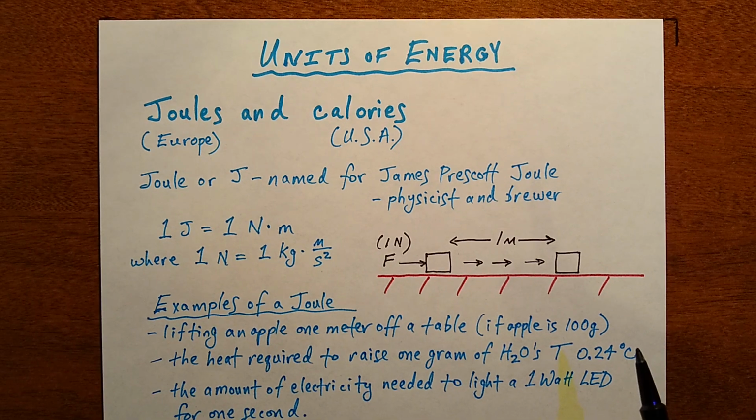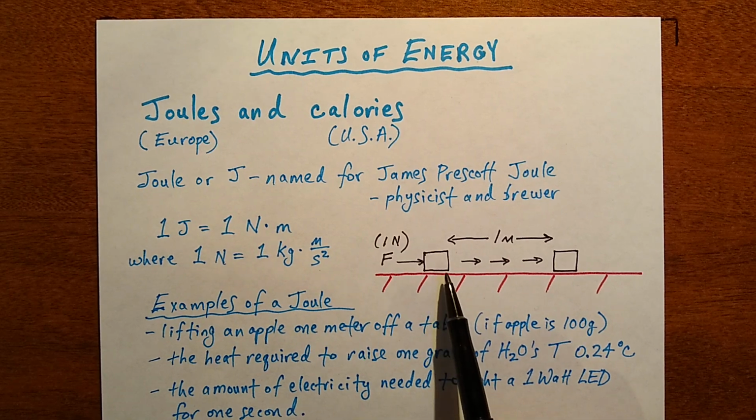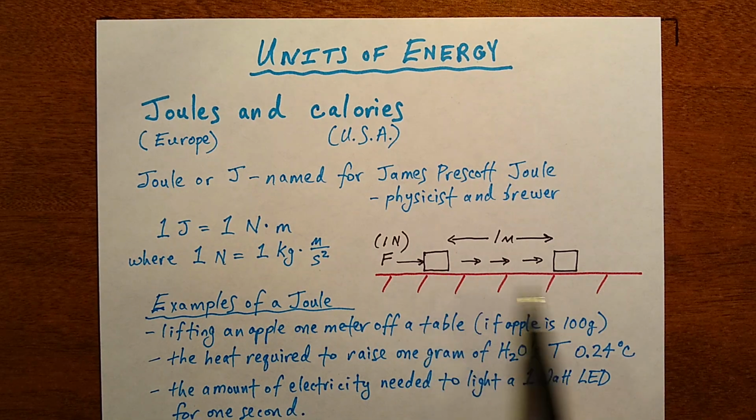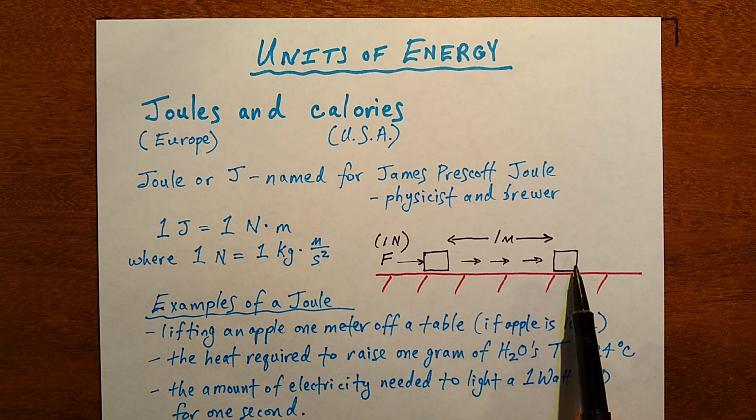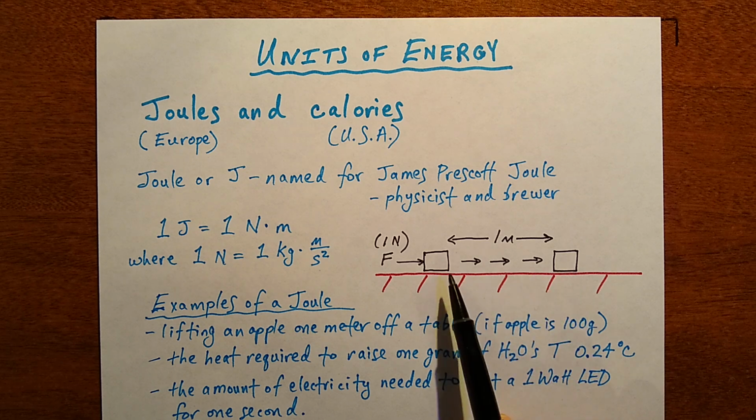Another way to look at that would be as if you pushed a box across a surface that didn't have any friction, but you pushed on it with a force of 1 Newton through a distance of 1 meter, you would have given that box an amount of energy of 1 joule.